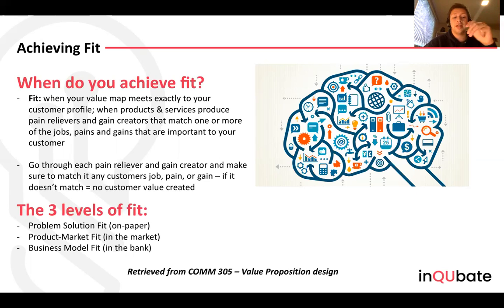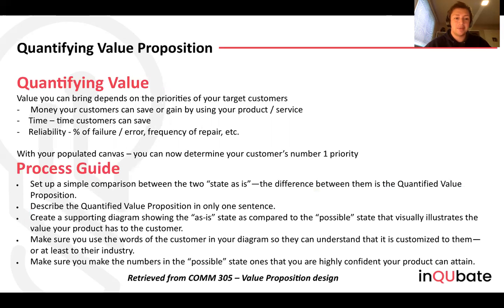And then 3 is the business model fit. Are you making money? Are you staying profitable? Are you growing in the long term? And do you have a value proposition that will not be burnt out if a competitor comes up with a different offering? And of course, each of the 3 levels of fit, in descending order, is much harder to get.